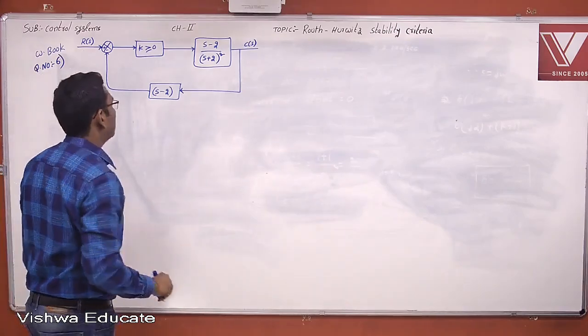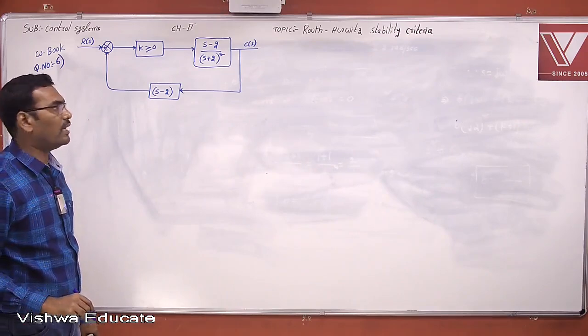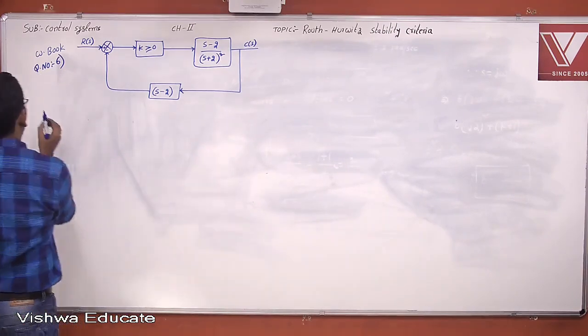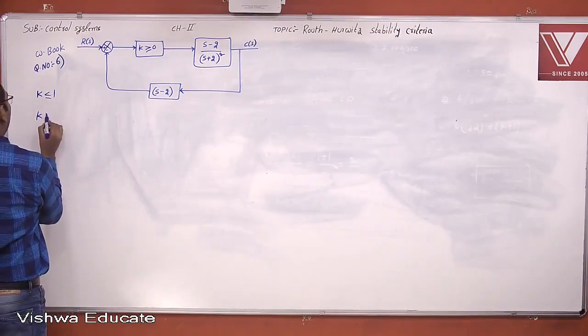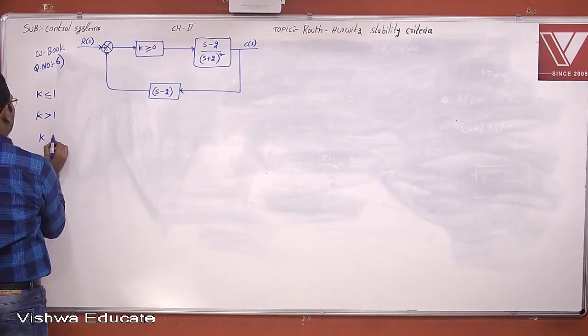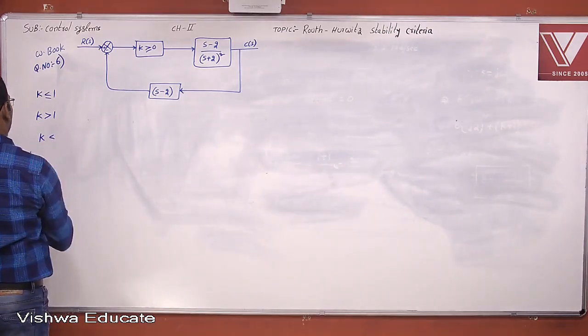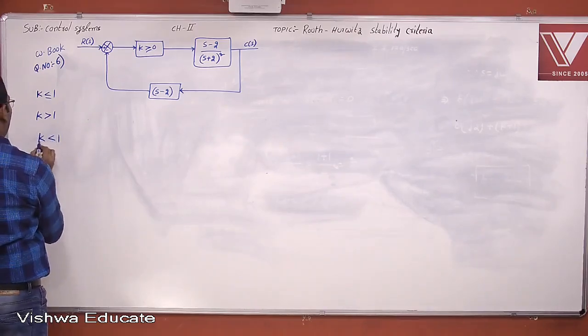And what he is asking is, by considering the following block diagram, determine the range of values of K such that the closed loop control system is stable. And options are also given: K is less than 1, K is greater than 1, and so on, and none.